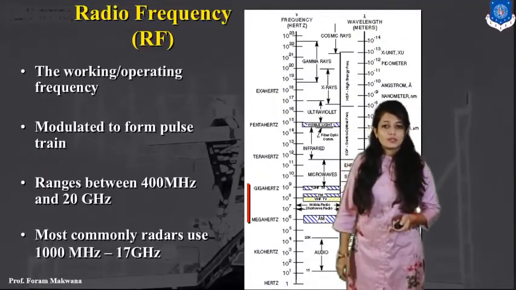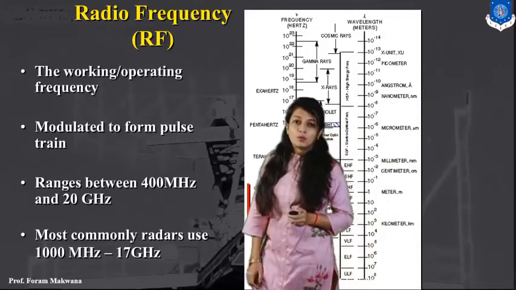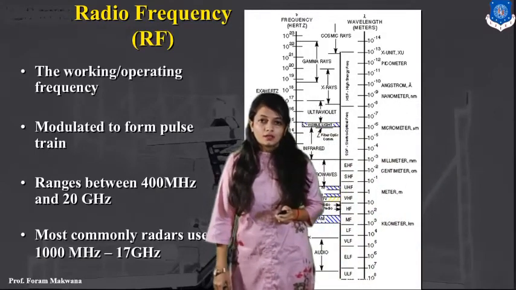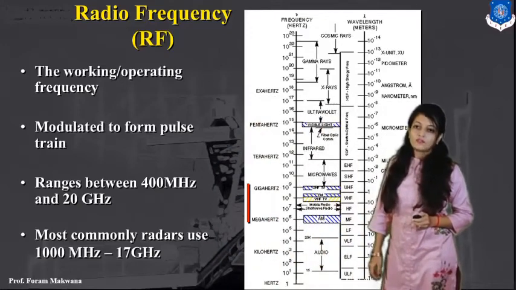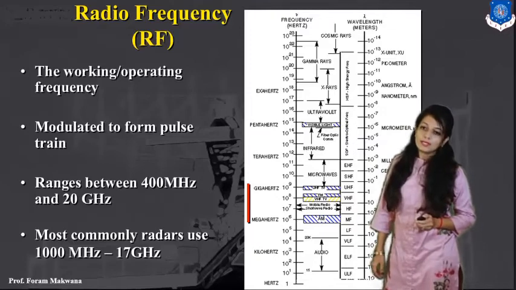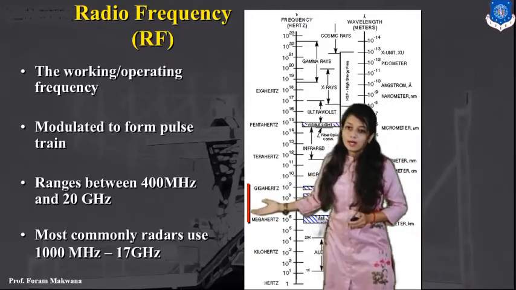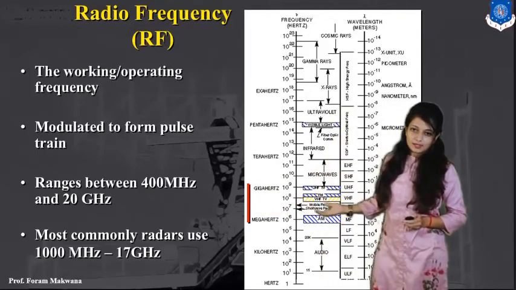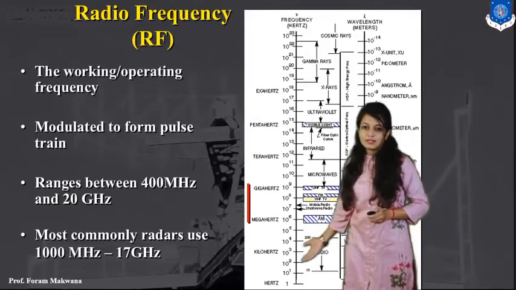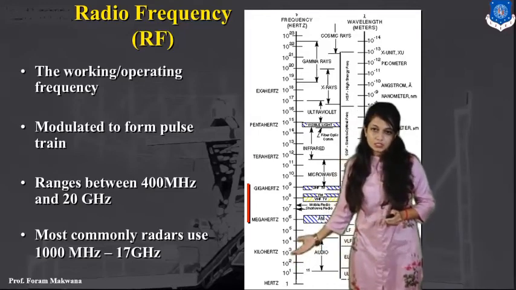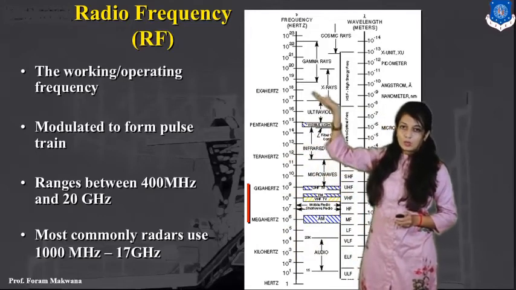Now at which frequency is radar going to be operated? We can say that the operating frequency of radar is most commonly 1 gigahertz to 17 gigahertz. Over here, the frequency range is shown starting from hertz to megahertz, gigahertz, terahertz, likewise.